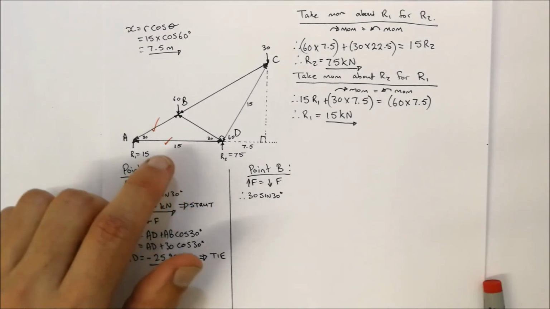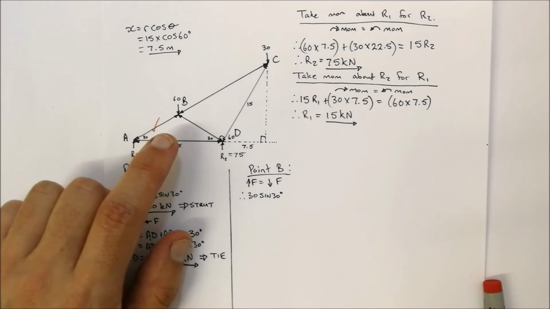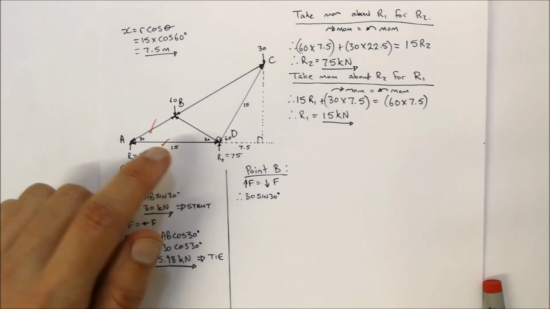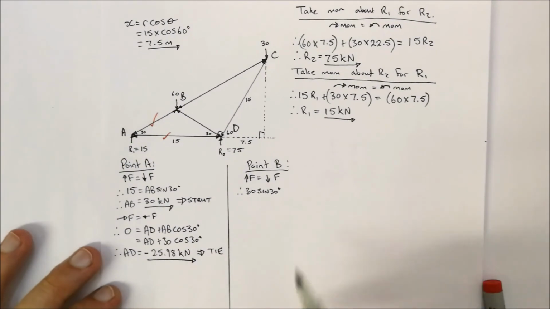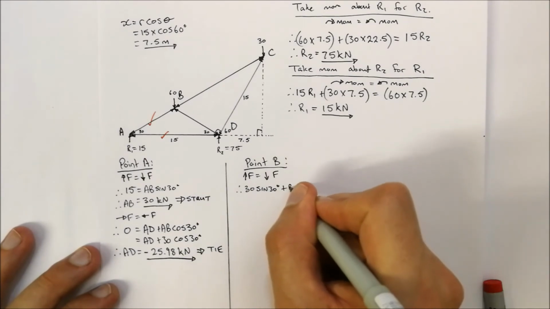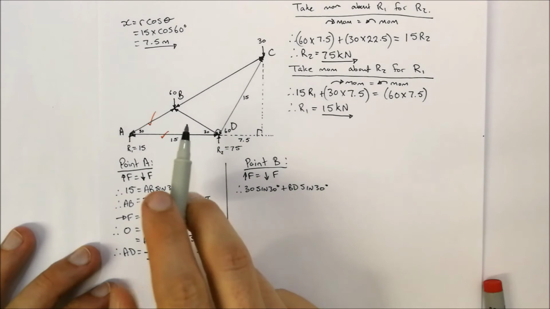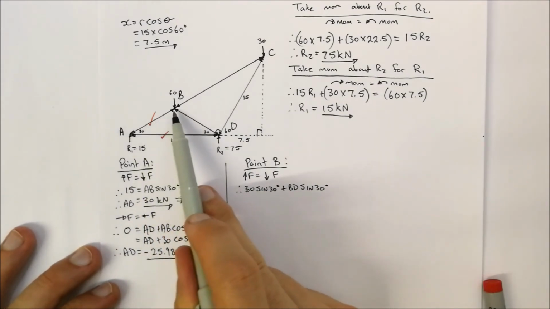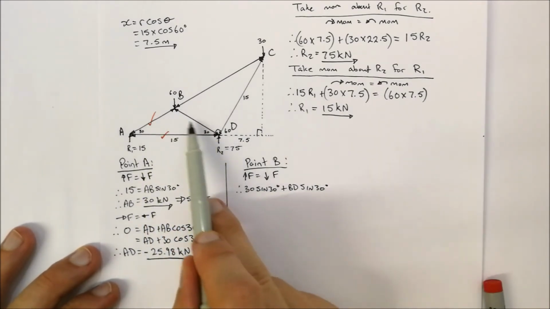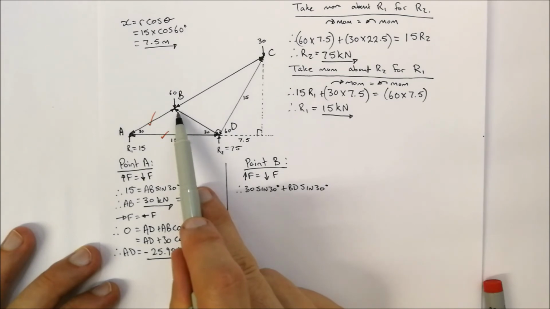We've got the upward force of BD, also going up, so plus BD sine of 30 degrees. So we've taken into account that force going upwards over there, and this force going upwards over there.